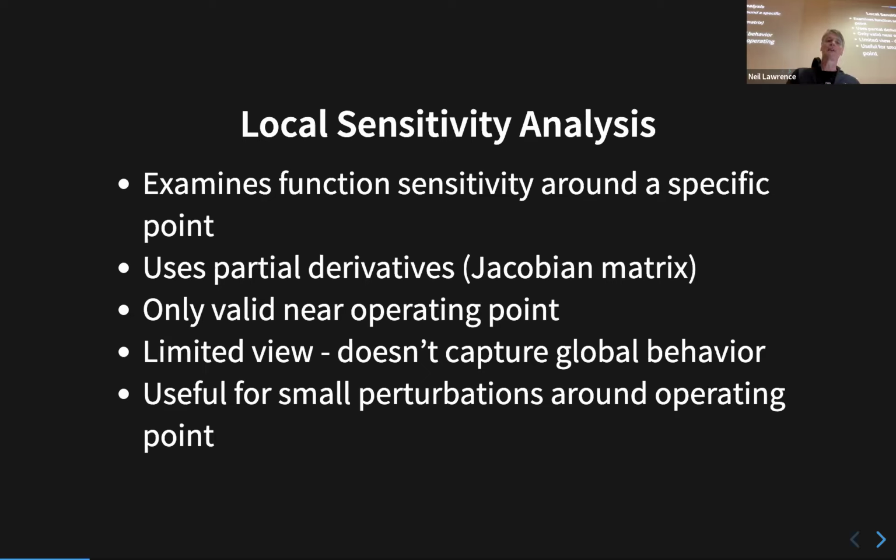Local sensitivity analysis would be that you look at the operating points of your model, and then you take the gradient of that model, so partial derivatives of the model with respect to the inputs you're interested in. That gives you a Jacobian matrix, and that allows you to linearize around that operating point, right?